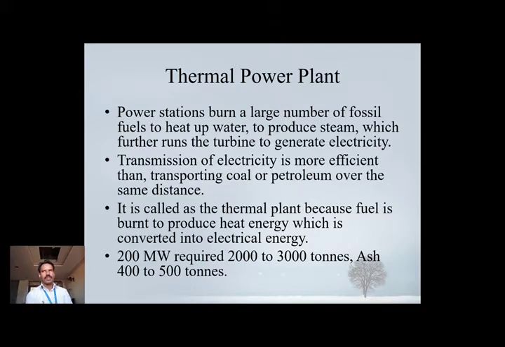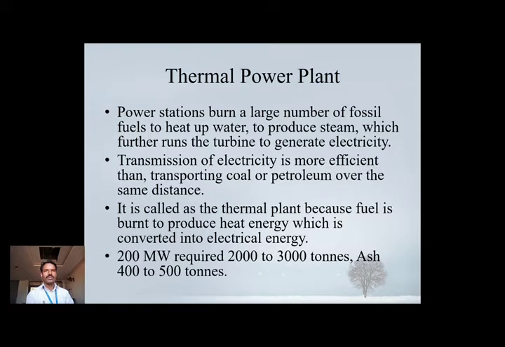Suppose we need to produce 200 megawatts; we need to use around 2000 to 3000 tons of coal. It is possible to produce around 400 to 500 tons of ash. It is difficult to store, remove, and handle. It is a major problem. What is the use of ash?